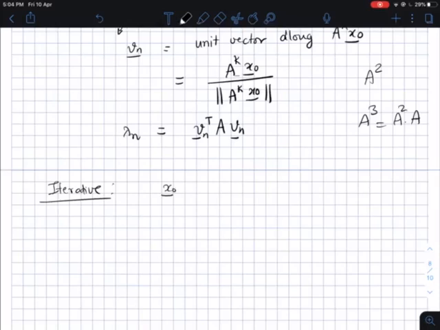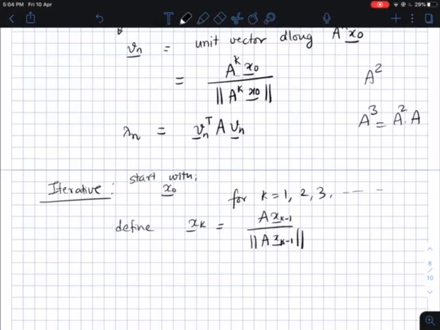So what you do is start with an x naught, and then define xk to be a times x(k minus 1) divided by the absolute value of a times x(k minus 1), for k equal to 1, 2, 3 and so on. This is an iterative way, just like how you do powers.